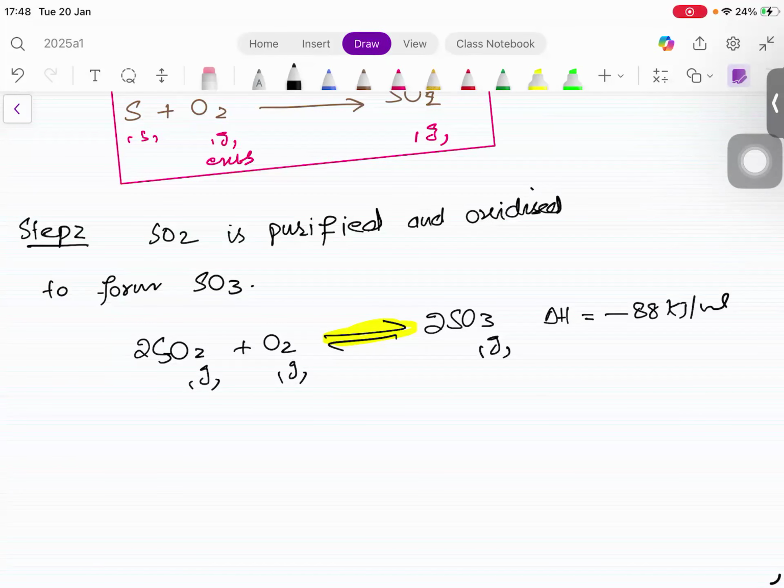Now you have to tell me the reaction conditions for this. What do you think?